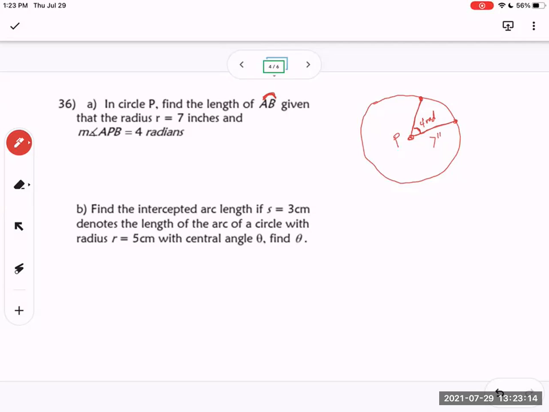And radians have to do with the radius of a given circle. A full circle has 360 degrees all the way around, or it's 2 pi radians all the way around. So a radian is related to the radius.